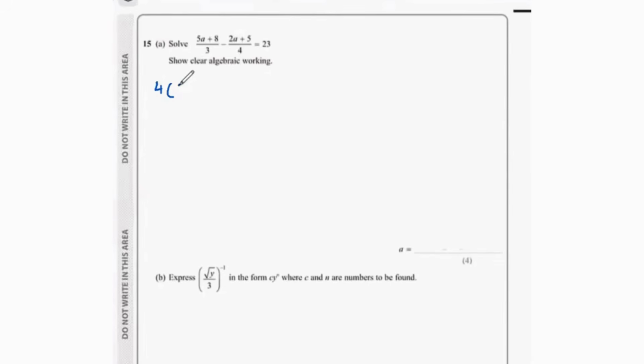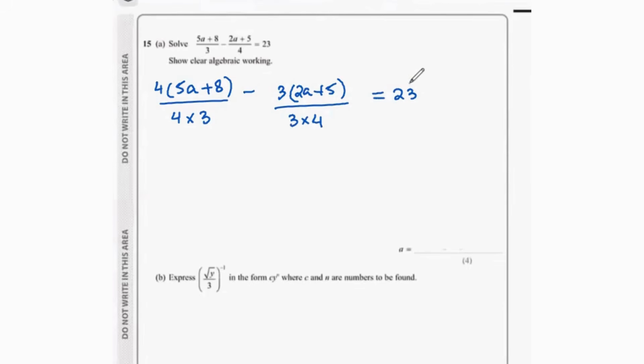So 4 times 5a plus 8 over 4 times 3, minus 3 times 2a plus 5 over 3 times 4, and this equals 23.